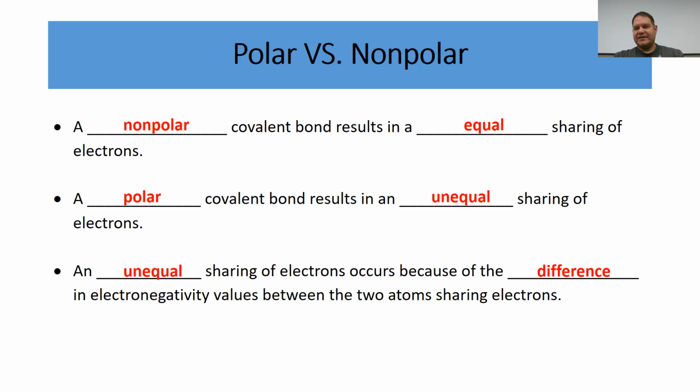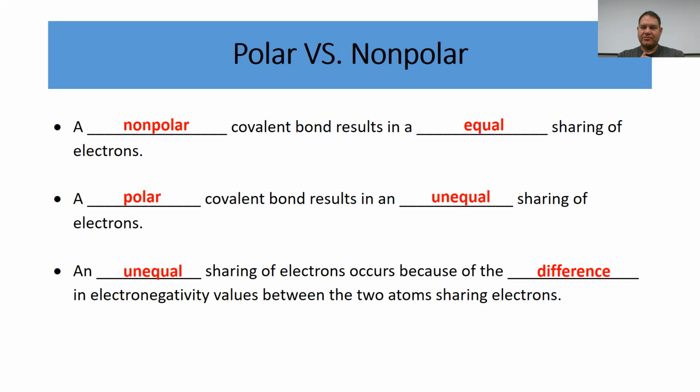So if there is an unequal sharing of electrons, where the two atoms are tug of warring between the two electrons, and this atom over here has a higher electronegativity, so it's going to pull those electrons, winning the battle, what's created is an unequal sharing of electrons, and that results in a polar covalent bond. So essentially we have two types of covalent bonds.